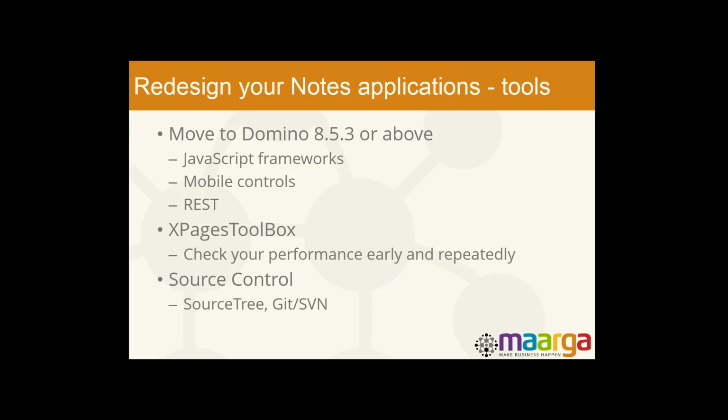The second tool that should definitely be part of your toolkit, especially using XPages, is the XPages Toolbox. It's on OpenNTF, and this tool helps you look at your application from a performance standpoint very critically. There's a very good presentation this year in Connect, and it's available on SlideShare as to how to use XPages Toolbox. Know this because it's very easy for you to develop everything and at the end of it figure out, oh, my application, it's a little slow.